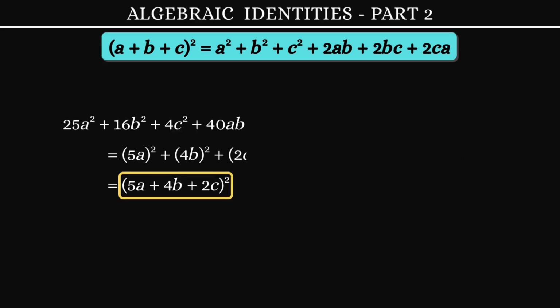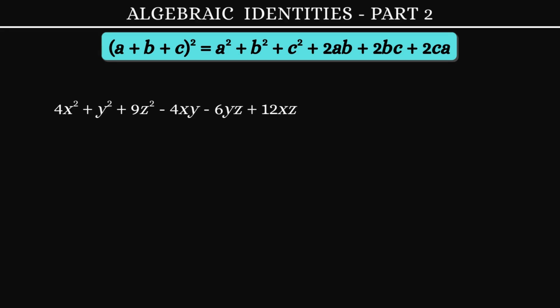Next, let's factorize 4x squared plus y squared plus 9z squared minus 4xy minus 6yz plus 12xz. As a first step, let's write these three terms as 2x the whole squared plus y squared plus 3z the whole squared.